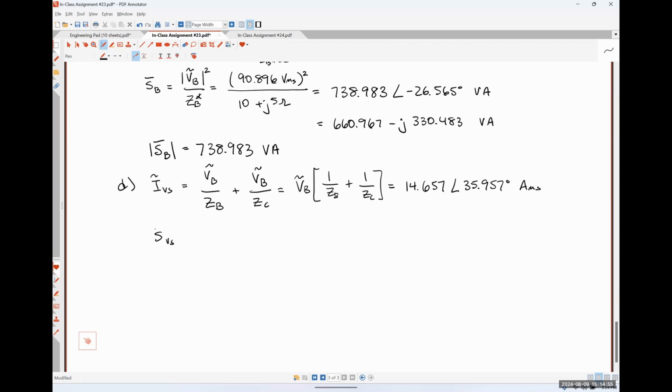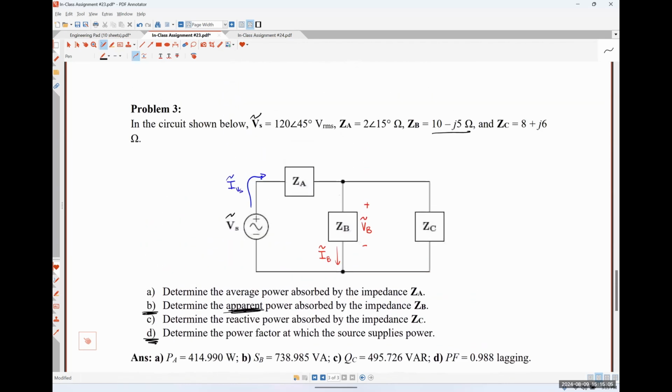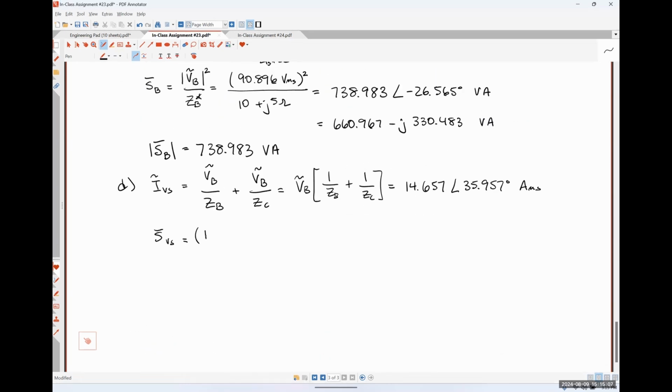From this, the complex power supplied by my voltage source is the source voltage, which is 120 angle 45, times the complex conjugate of my current, which is going to be 14.657 with an angle of negative 35.957 degrees amps RMS.